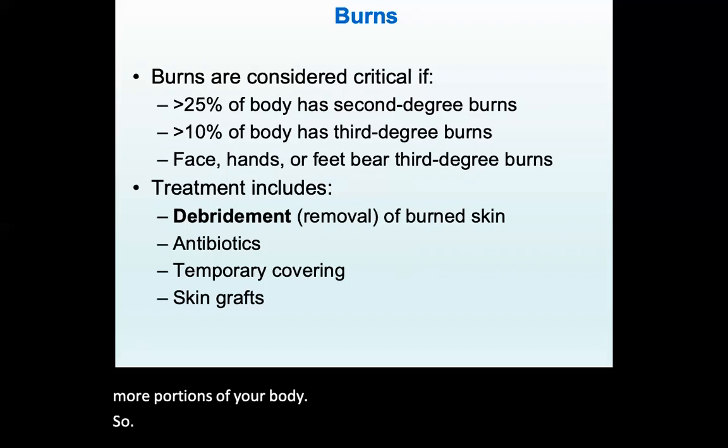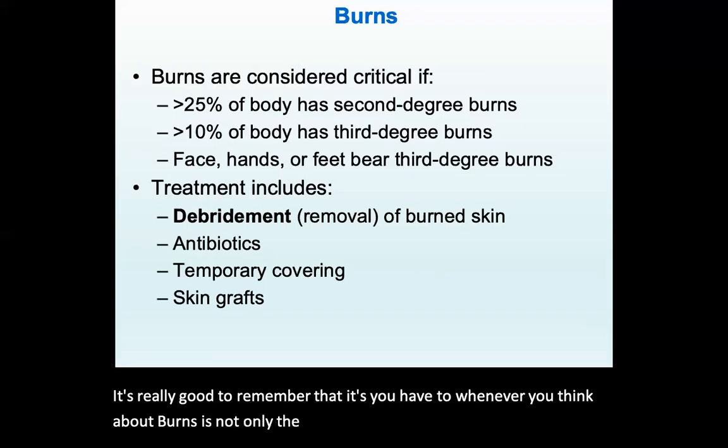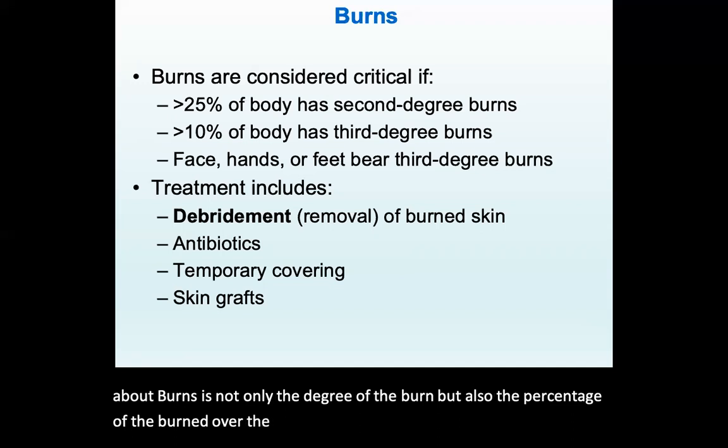It's really good to remember that whenever you think about burns, it's not only the degree of the burn, but also the percentage of the burn over the body. So I just want to give you an example.